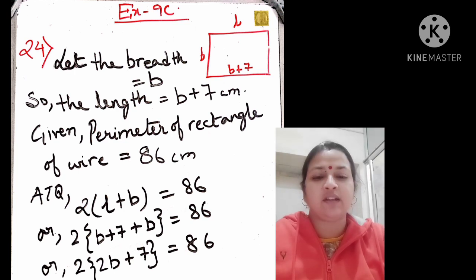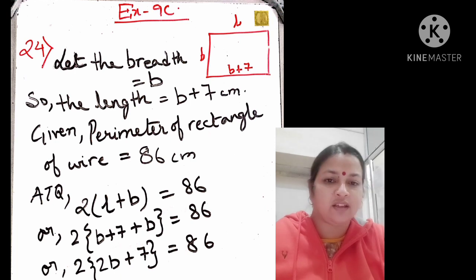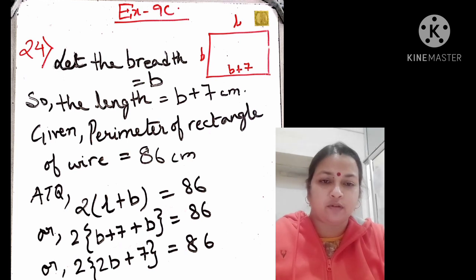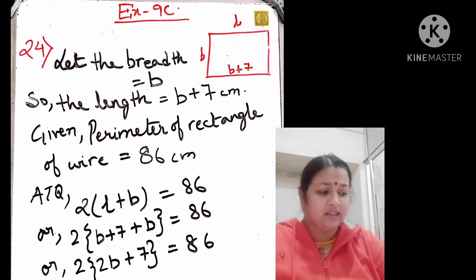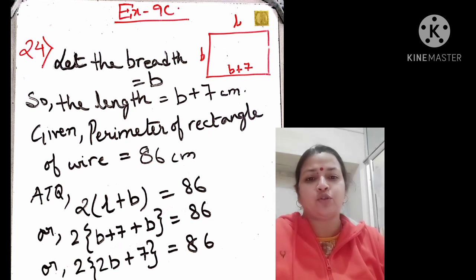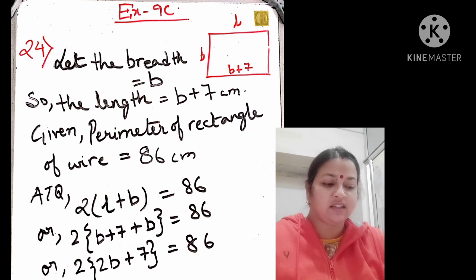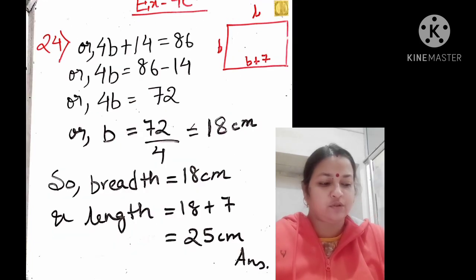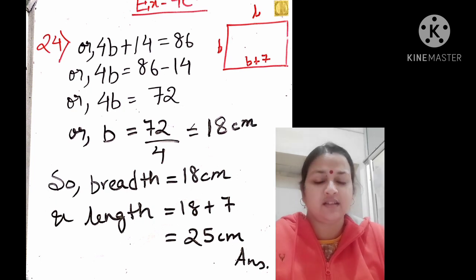Now we already know that the perimeter of a rectangle is 2 into (length plus breadth). So 2 into (b plus (b plus 7)) is equal to 86 centimeter. So 2 into (2b plus 7) is equal to 86 centimeter, or 4b plus 14 is equal to 86, or 4b is equal to 86 minus 14, that is 72.